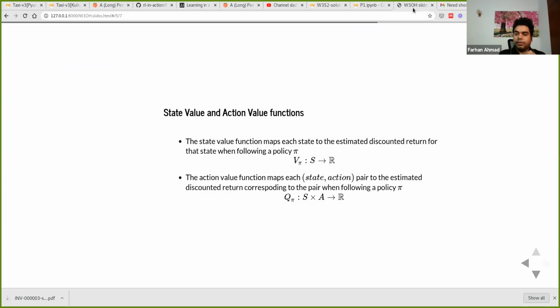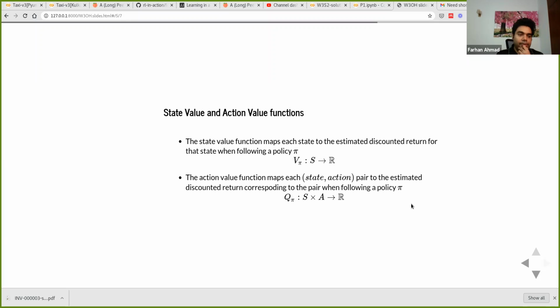Sometimes when you're looking at algorithms, there is a multi-step approach where you start with a policy, you follow the policy, and then from there you compute the state value and the action value, and then you use that to create a new policy, and this goes on.